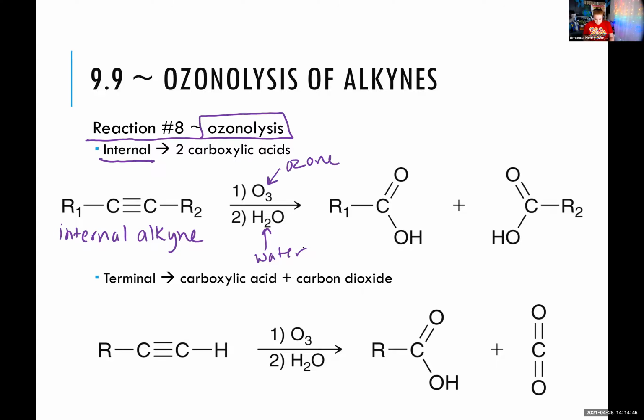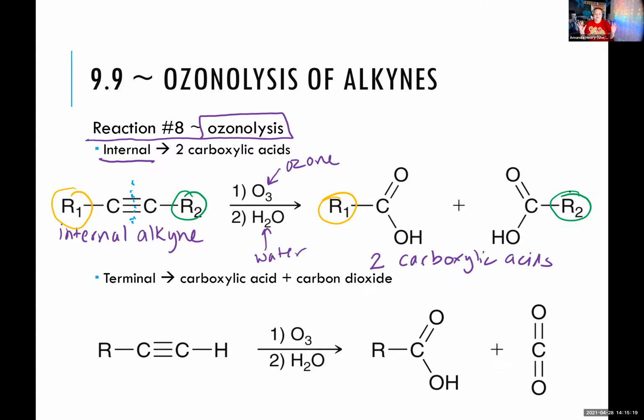What we're going to do is we're going to cut that triple bond in half, right down the middle, and each half is going to become a carboxylic acid. So we're going to make 2 carboxylic acids. Now the way that this one is labeled is that we have R1 on one side of our alkyne, and we have R2 on the other side of our alkyne.